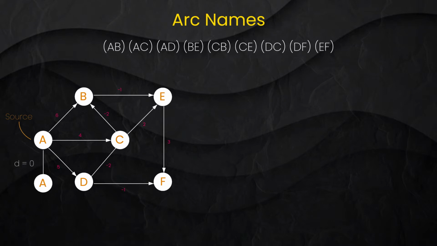The distance from any node to its own node will be 0, so the distance from A to A is 0. All the other nodes are taken as infinity as the first step. So I have considered the distances of all other nodes as infinity.